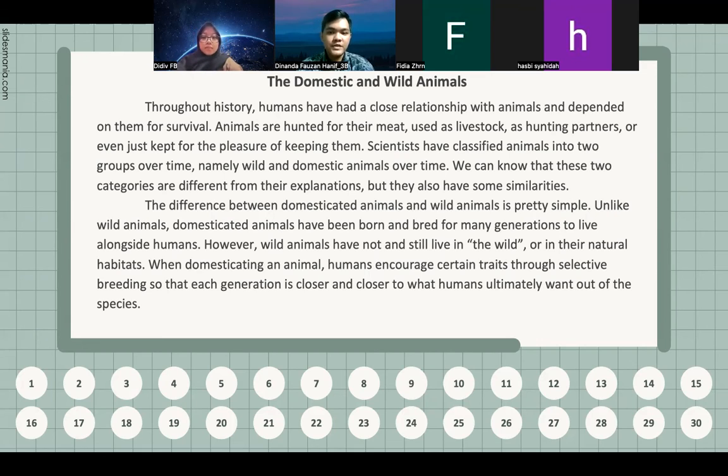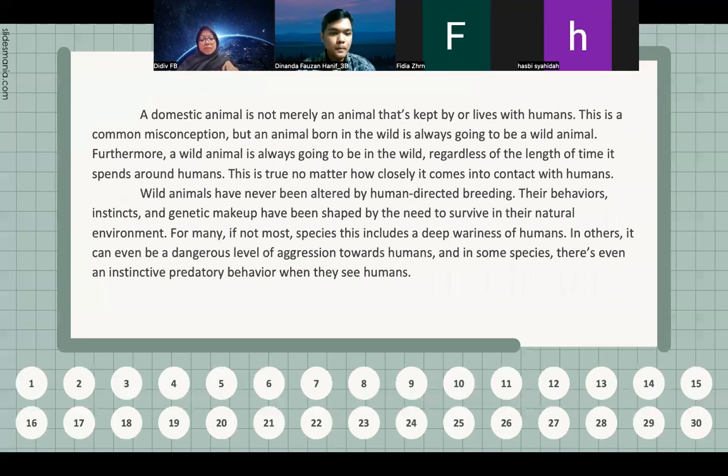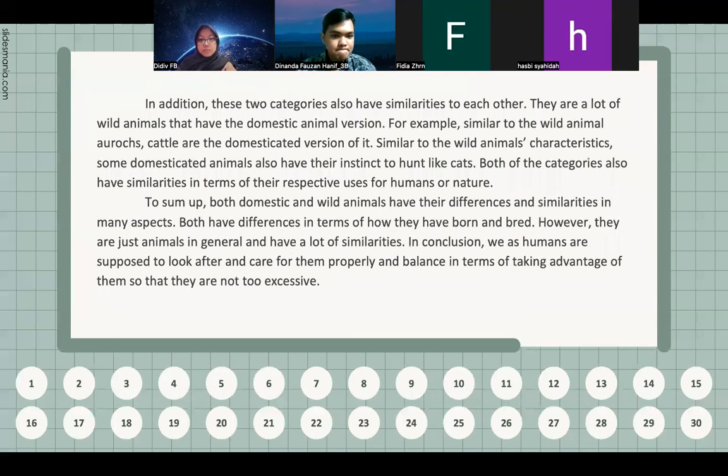The first paragraph is the introduction. The second, third, fourth, and fifth are the body paragraphs. And for the last paragraph, we have the conclusion. Okay, maybe that's all. Thank you.